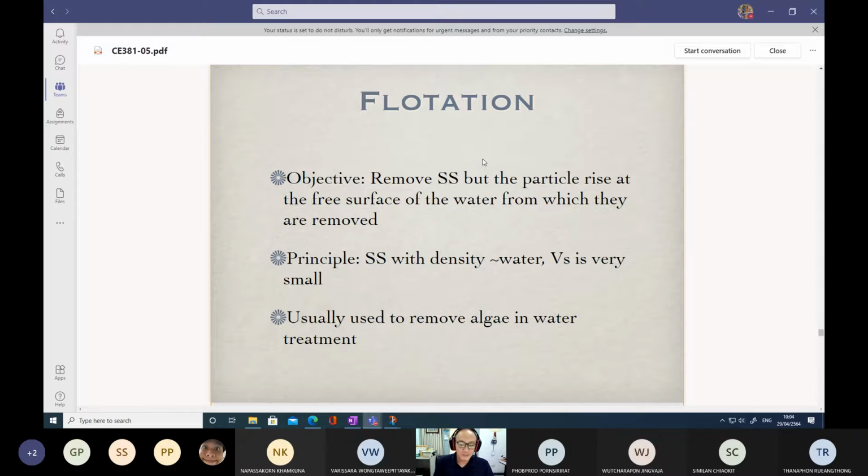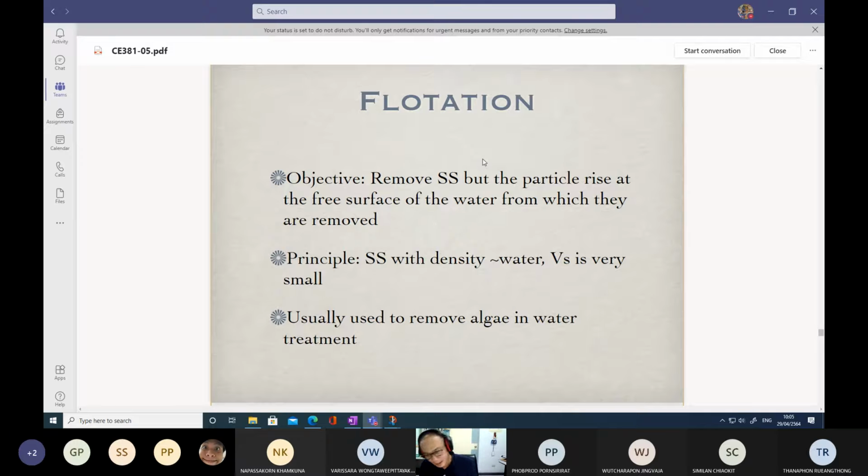Instead of waiting for them to settle to the bottom due to gravitational attraction, which may take a long time or give poor removal efficiency, because if there is turbulence, the settled suspended solids may resuspend again. So instead of the conventional way, we do it another way.